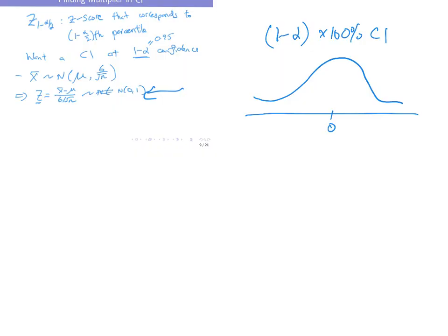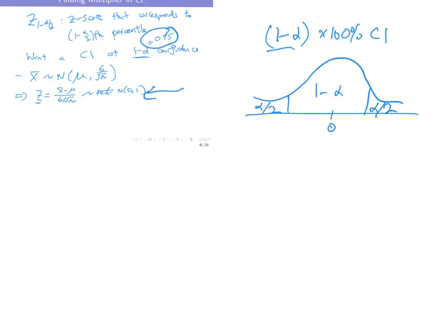What we want is for the middle to contain the proportion 1 minus alpha. So if 1 minus alpha is 95%, then this center contains 95%. The entire area has to add up to 1, and the normal distribution is symmetric, so the two tail ends have to be alpha over 2 each, because these three areas have to add up to 1.